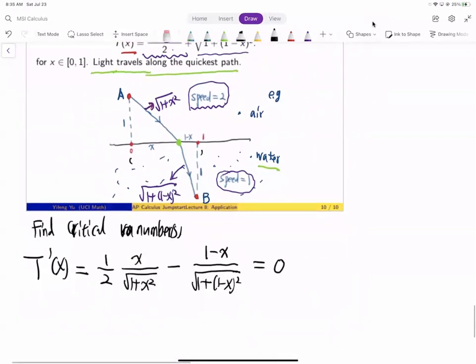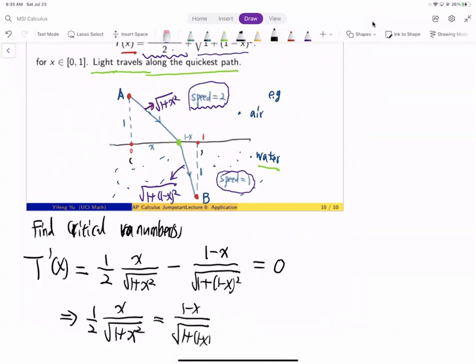Okay, let's see what we have. From here, I just get 1/2 times x over the square root of 1 plus x squared equals 1 minus x over the square root of 1 plus (1 minus x) squared. Okay, we get this equality. Let's see what this tells us.